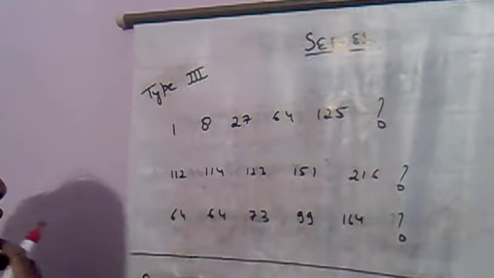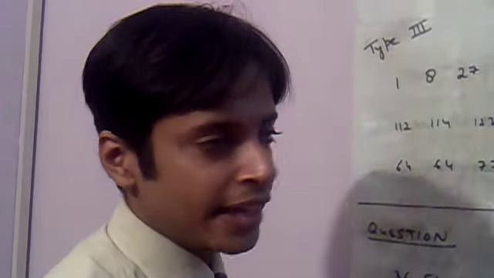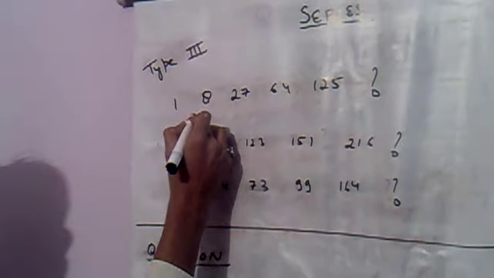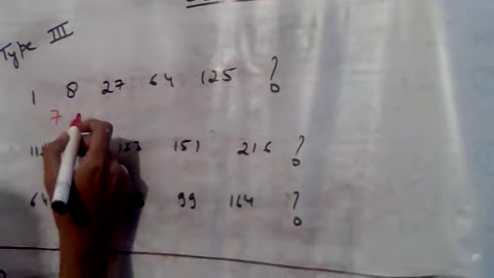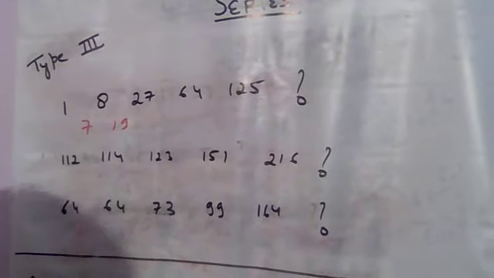First of all, the pre-requirement remains the same, and that is, first let's check out the difference of the first number and the second number. The difference of the first number and the second number here is 7. The second and third number is 27 minus 8, that goes on to be 19.